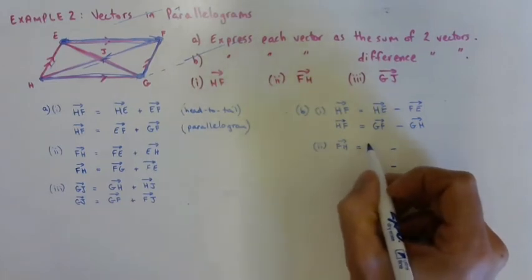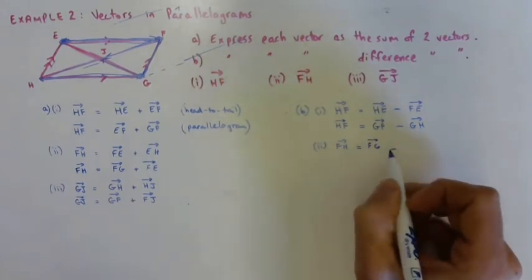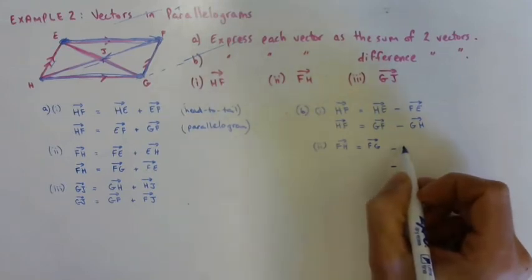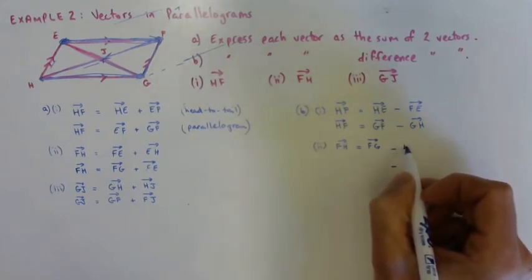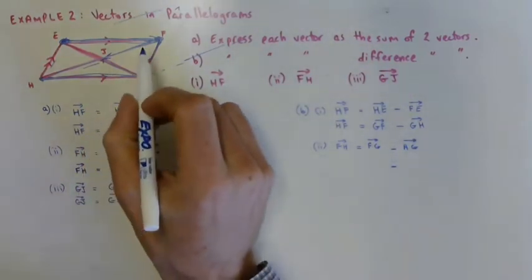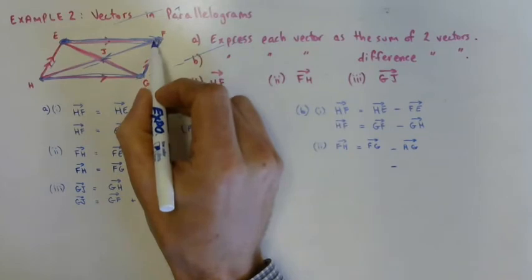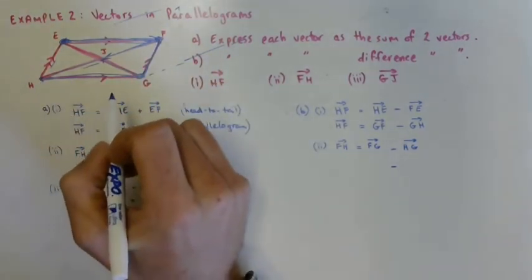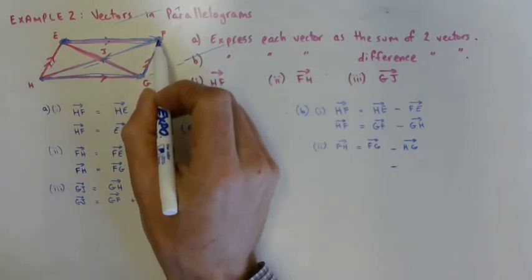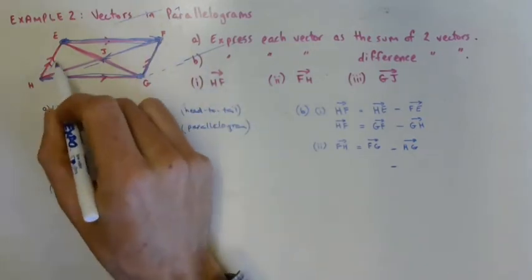Okay, so we've got FG, starting at F, heading down to G, and then I'm going to subtract the opposite of GH, which is HG. All right, and that will get us our resultant vector coming from F down to H. All right, let's see if we can do that another way. Probably can. Let's pick a vector that's like over here.